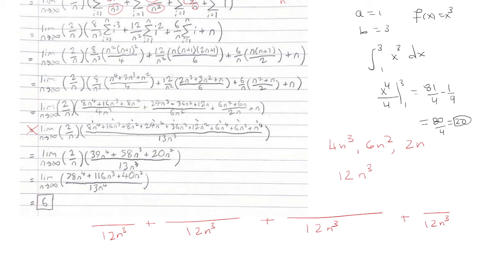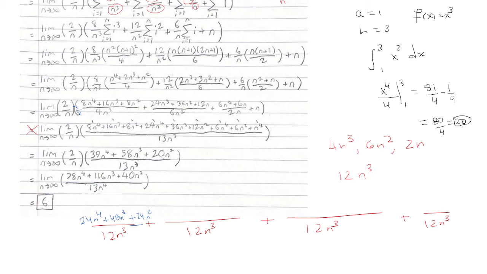Let's think about this. For the first one, the denominator is 4n cubed, so I have to multiply by 3 over 3. 3 times 8 is 24, 3 times 6 is 48, 3 times 8 is 24. The next one is 6n squared.